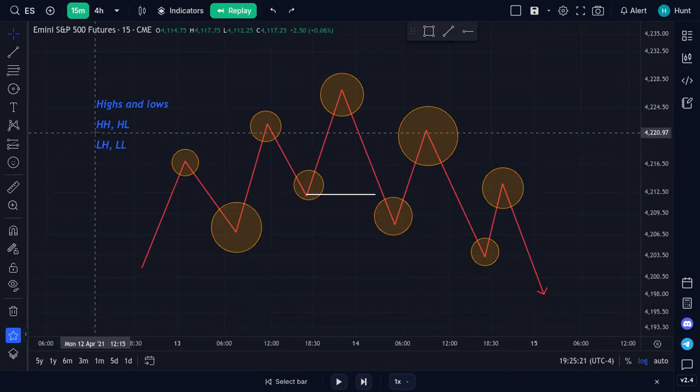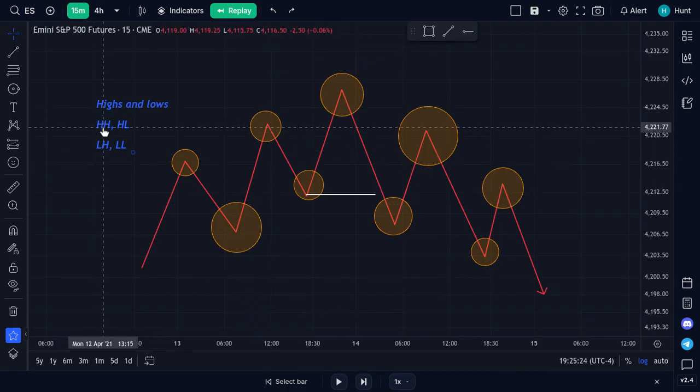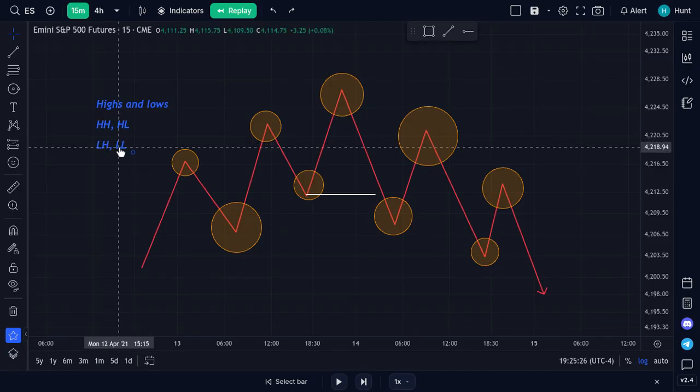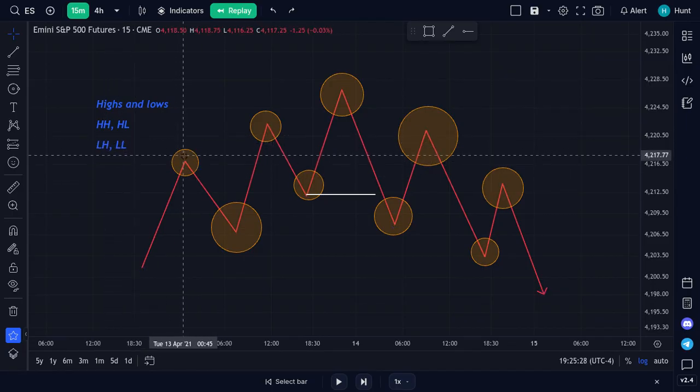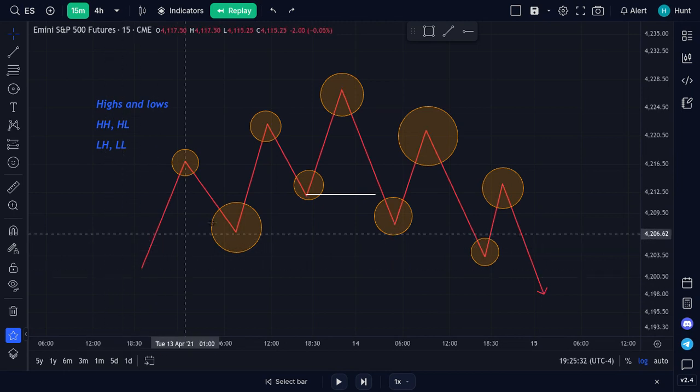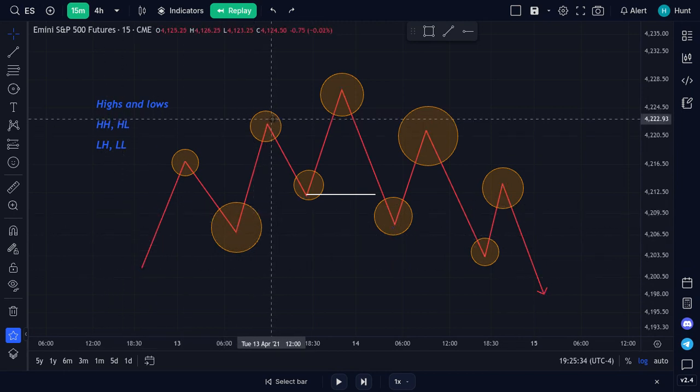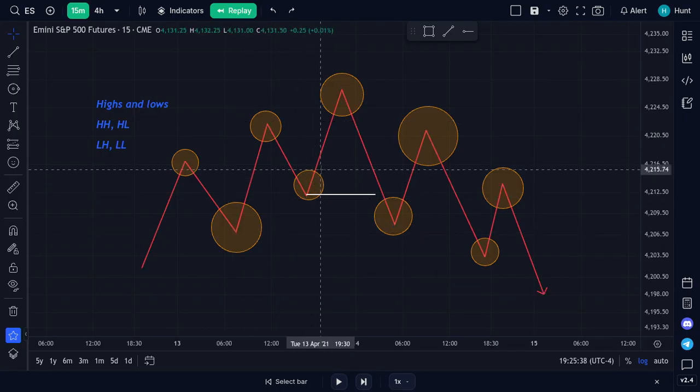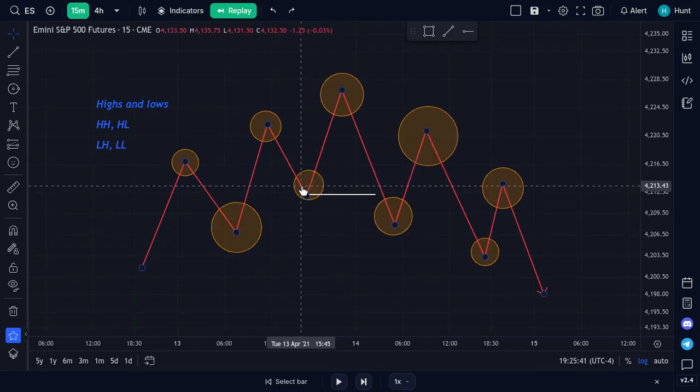So there's just basic highs and lows. There's a higher high, higher low, lower high, lower low. Remember, this is a high, this is a low because there's no previous high or low before this. Then this new high is higher than the previous, that's a higher high. This new low is higher than the previous, so that's a lower high. Sorry, a lower low. Higher low.